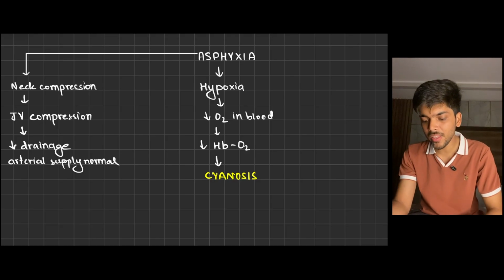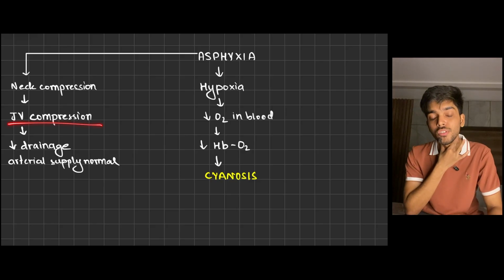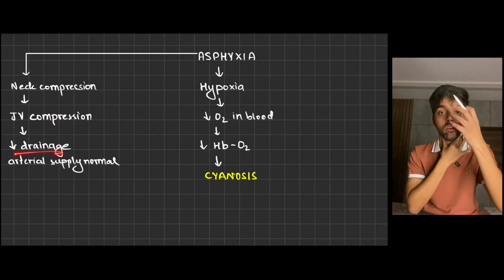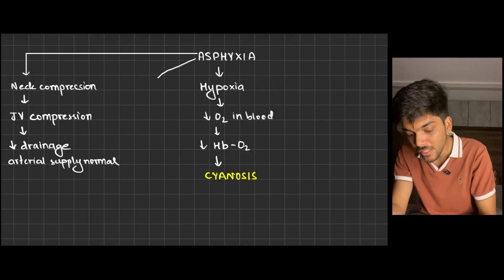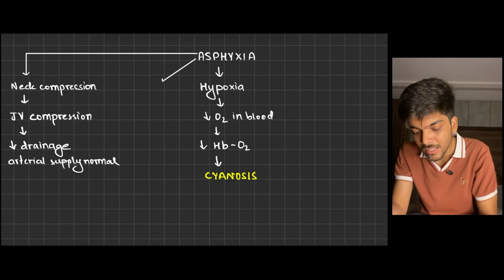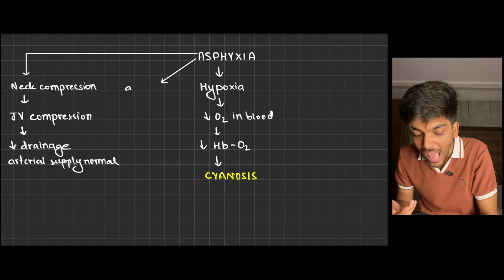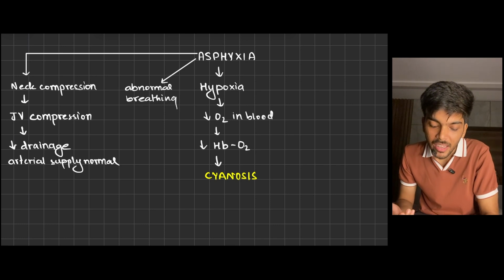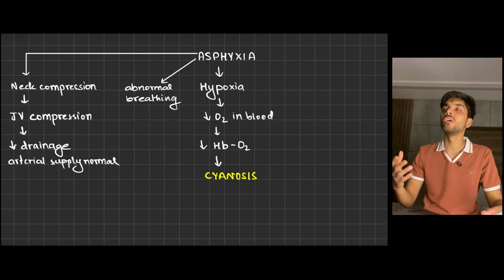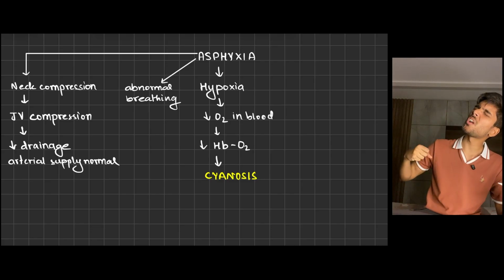What else causes reduced drainage? I said if there is asphyxia due to neck compression, there is also compression of the jugular vein which leads to reduced drainage. But what if asphyxia is not due to neck compression, it is due to some other mechanism? In that case, asphyxia will lead to abnormal breathing. Let's say it's a case of stampede or a wall has collapsed on you. You will try to breathe, you are unable to breathe.